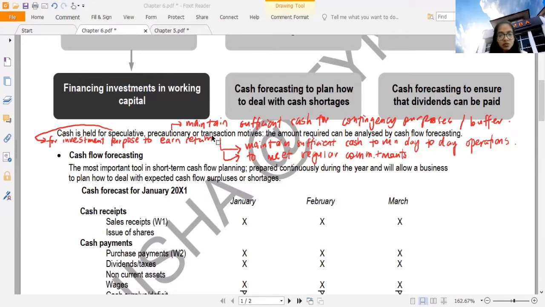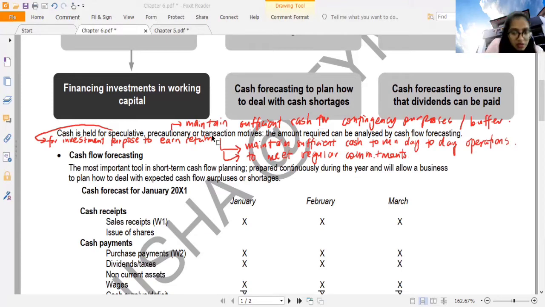Okay, so my question to you next is, now that you require cash for these three purposes, how much cash do you require? Or you should ask yourself: how do you identify the amount of cash that you need to hold, that you need to keep for a buffer, or that you will be able to invest?